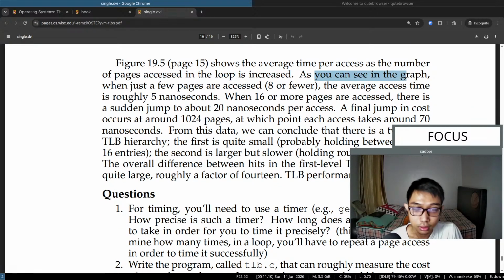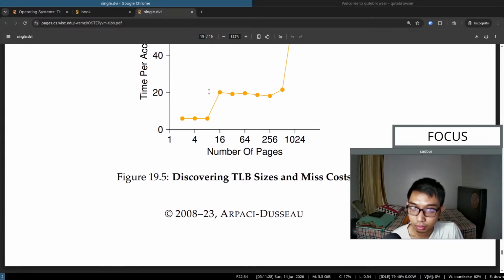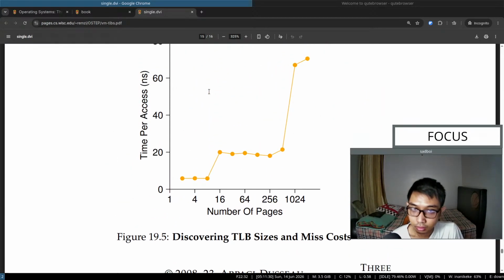As you can see in the graph, when just a few pages are accessed, 8 or fewer, the average access time is roughly 5 nanoseconds. This is nanoseconds of time per access.